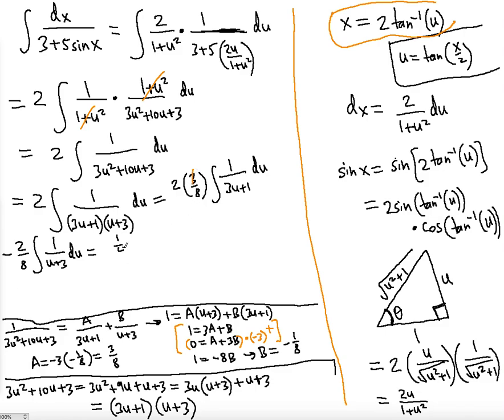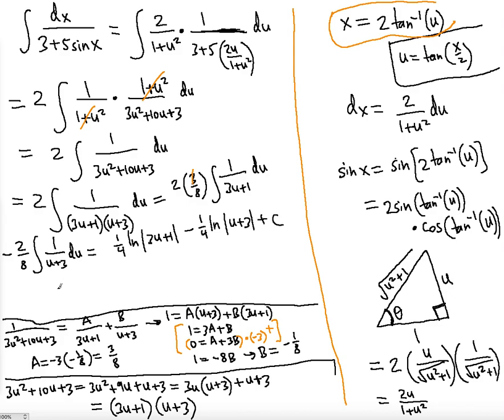So 1/4 ln absolute value 3u plus 1. For this one, luckily we will not have any numbers popping up. If we set z equal to u plus 3, dz is 1, so nothing changes, but this becomes negative 1/4. So minus 1/4 ln absolute value u plus 3 plus a constant.